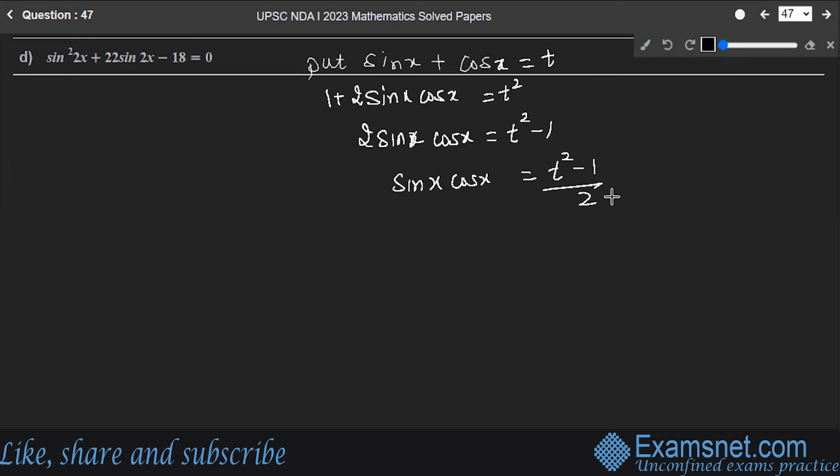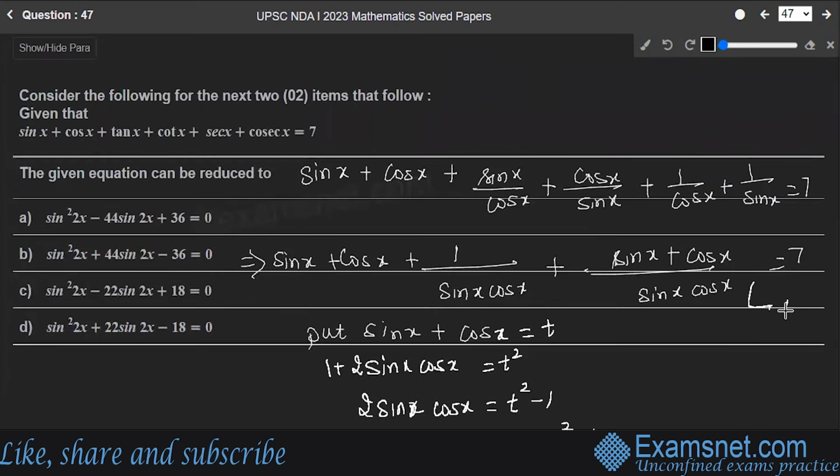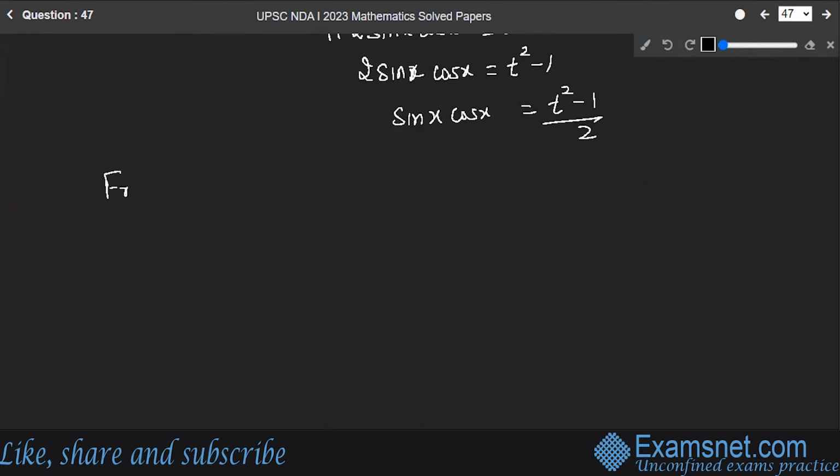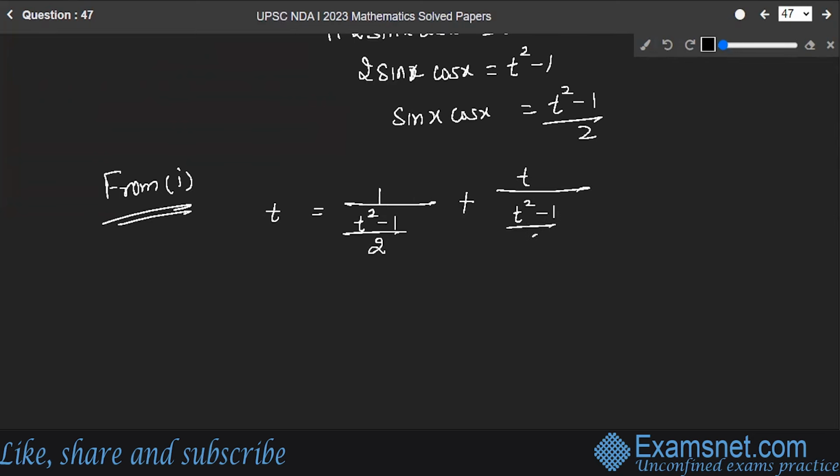Now let's get back to our statement, equation 1. From 1, you have sin x plus cos x, this was equal to t. This is equal to 1 upon t square minus 1 upon 2, plus t upon t square minus 1 upon 2, is equal to 7.